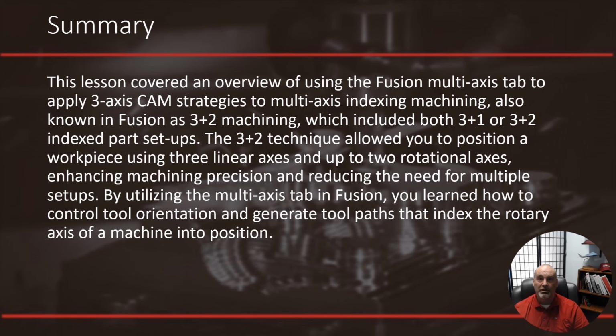The 3+2 technique allows you to position a workpiece using 3 linear axes and up to 2 rotational axes, enhancing machining precision and reducing the need for multiple setups. By utilizing the multi-axis tab in Fusion, you learned how to control the tool orientation and generate tool paths that index the rotary axis of the machine into position.